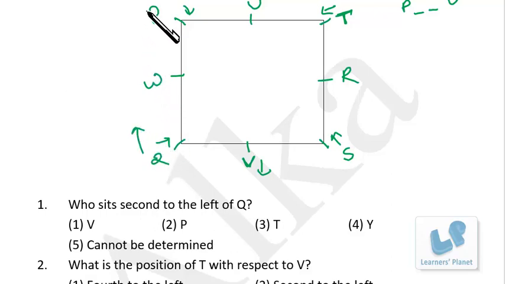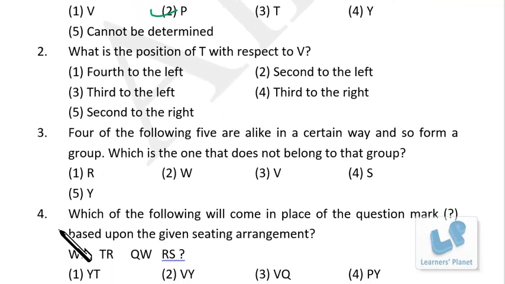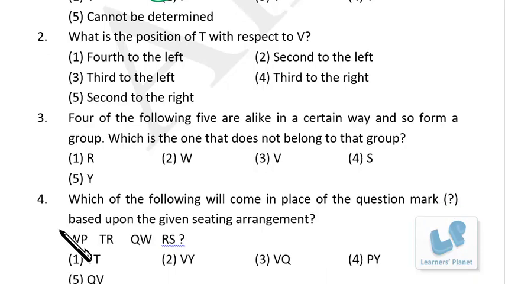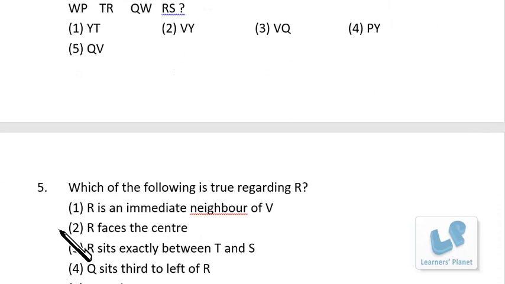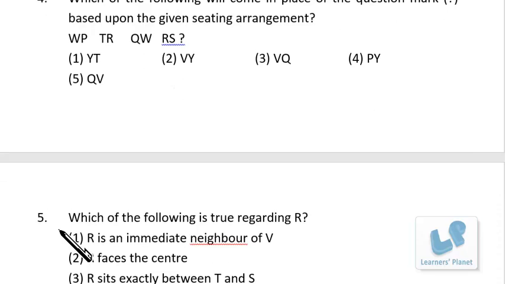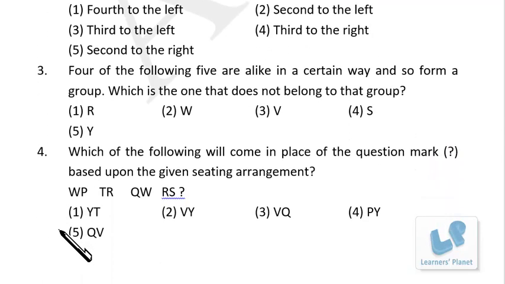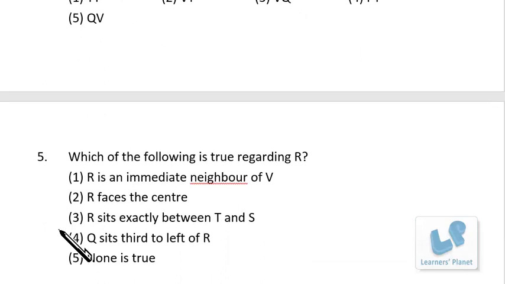So that is P. So you have to be careful about it. You can pause the session, read out the questions and answer. There are 5 questions. I'm just scrolling down, but you have to answer all the questions since I have already done the arrangement. So these are the 5 questions.